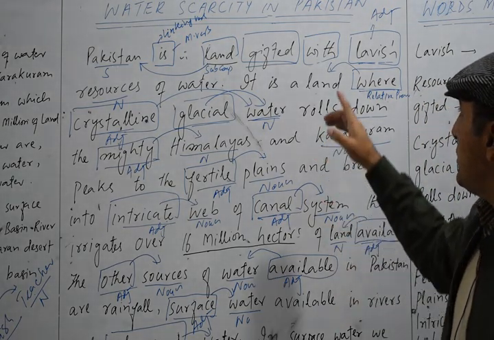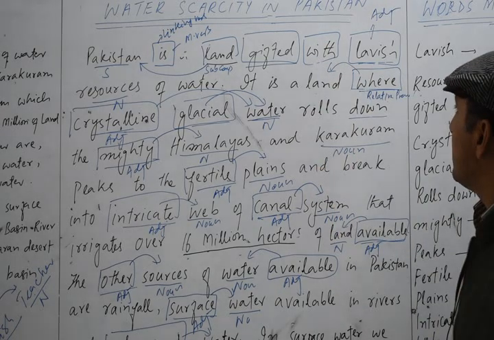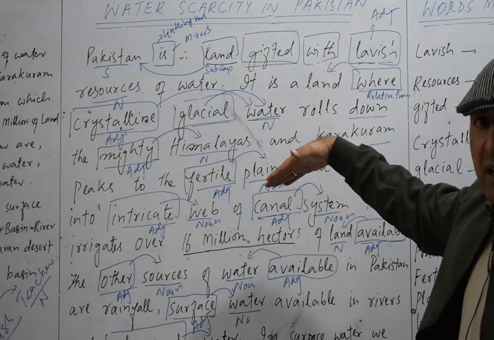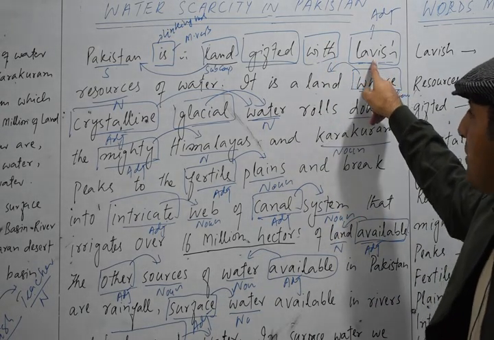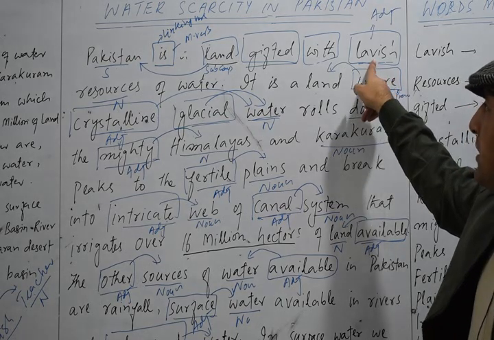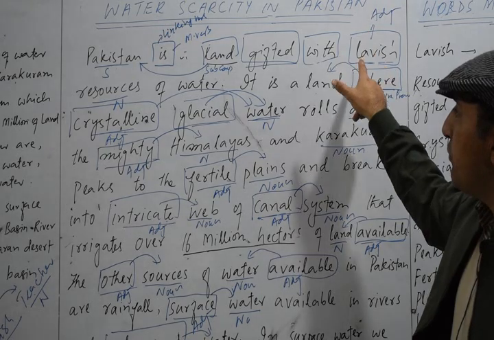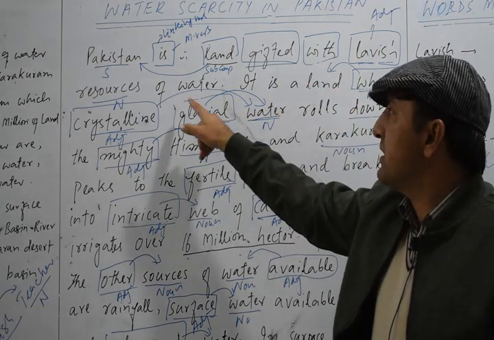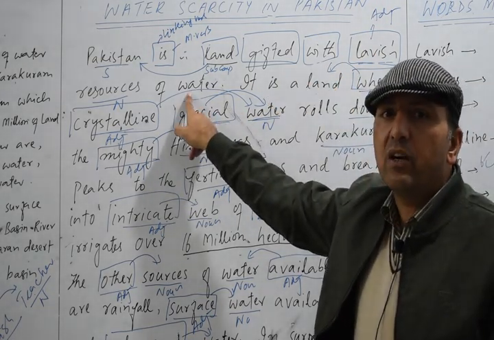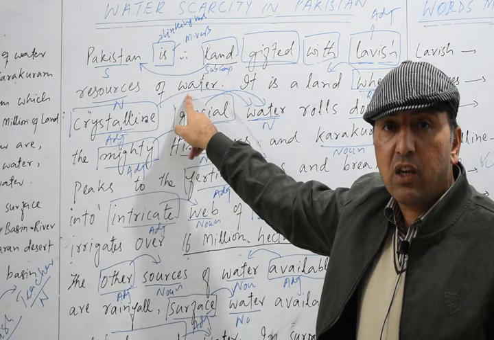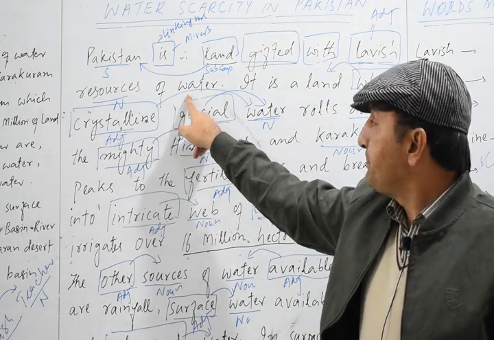लेकिन you see lavish resources of water, अगर हम with को हटा देते हैं और इधर से शुरू करें lavish resources of water, so then it becomes a noun phrase. देखो, in a noun phrase the main word, the key word is the noun. So we have the keyword noun water.